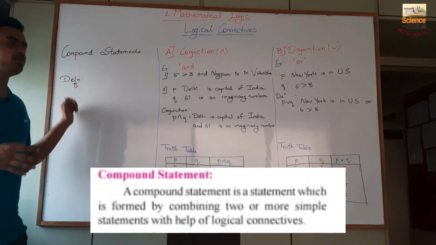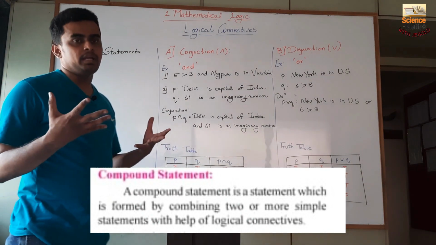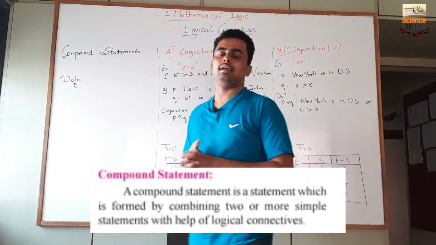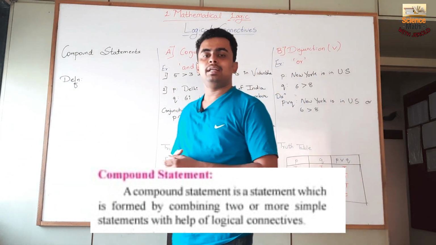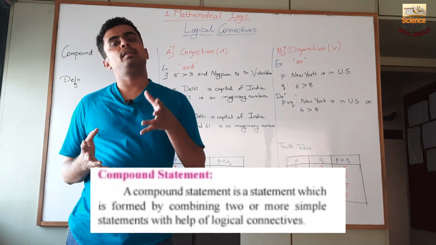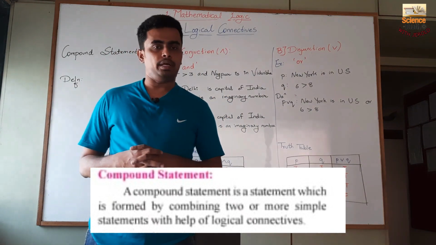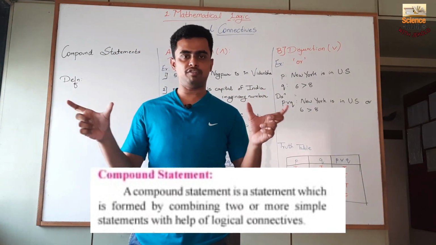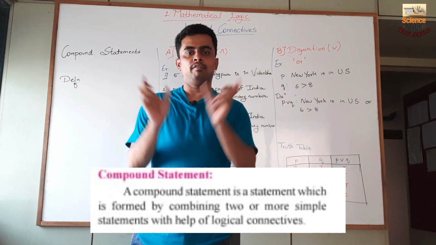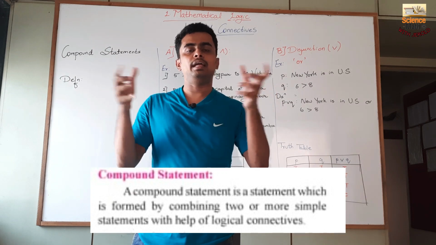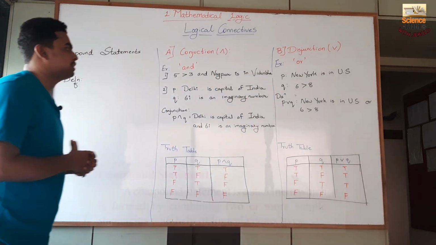An example: 5 plus 3 is equal to 8 and 11 minus 3 is also equal to 8. These are two different statements, and when I combine them with and, it becomes a compound statement.